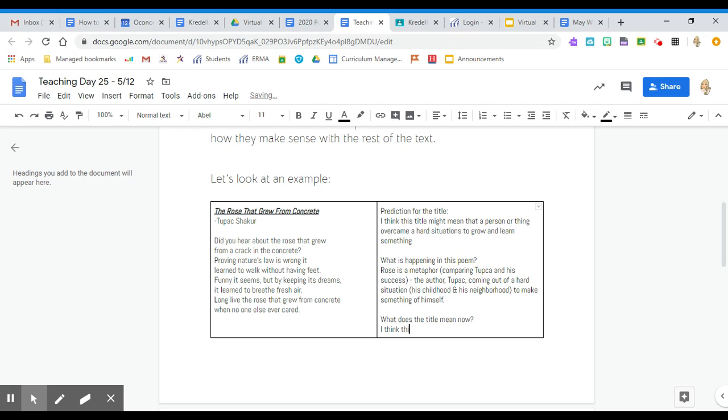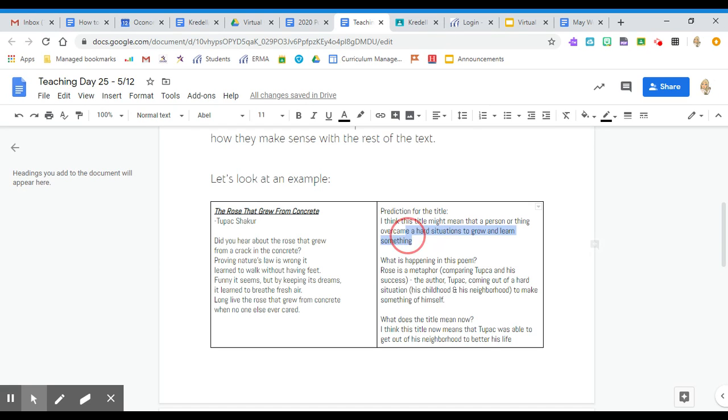So I think this title now means that Tupac was able to get out of his neighborhood to better his life. But it did change a little bit, right? I think I made it a little bit more personal to actually what was going on in the poem. This one was a little bit more just general because I didn't exactly know what it was going to be about. And then this bottom part, I really talk about the author and the impact that this has on his life.